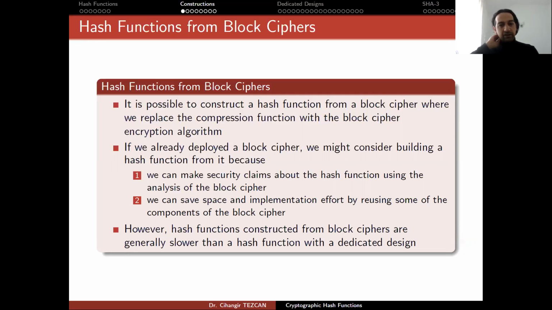But you can just simply use a block cipher and convert it to a hash function, and with this you can get these two benefits. First of them is the security claims, and the second is to save space and implementation effort. And if you are using it on hardware, just by using the same block cipher, you can obtain both encryption and a hash function.